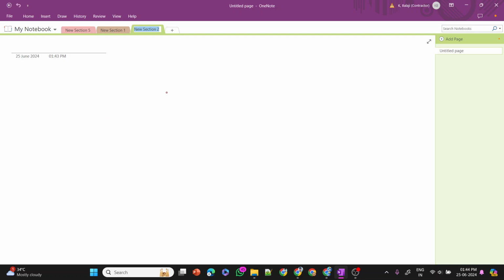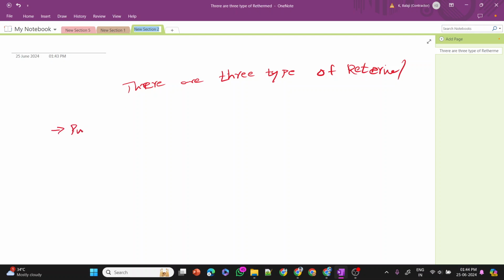And there are three types of retrieval. One is rule based.